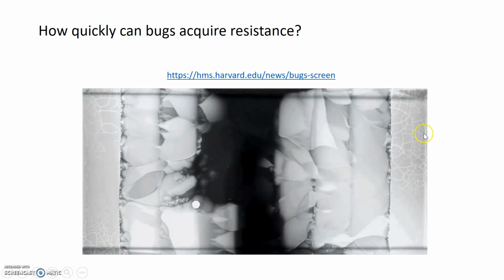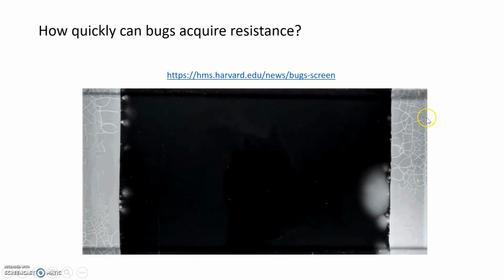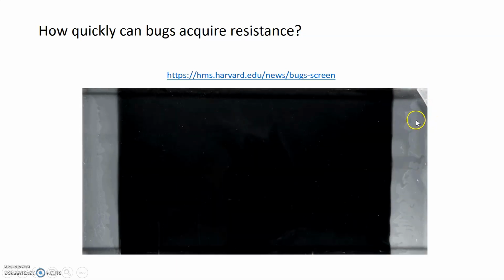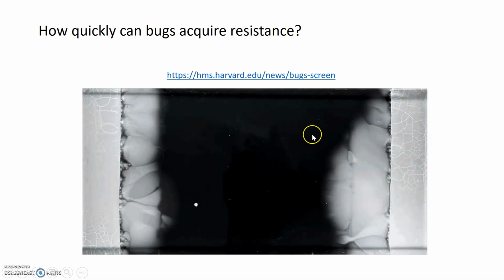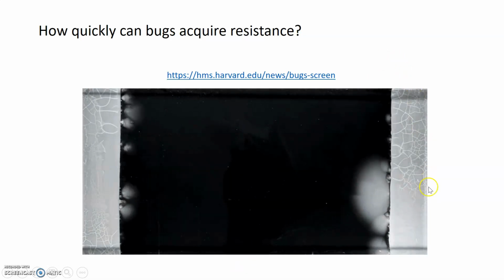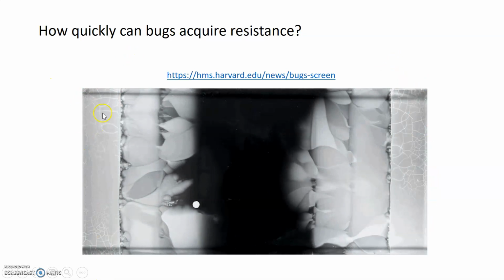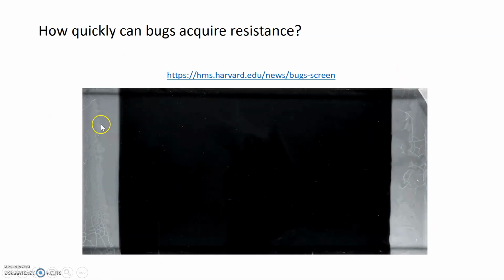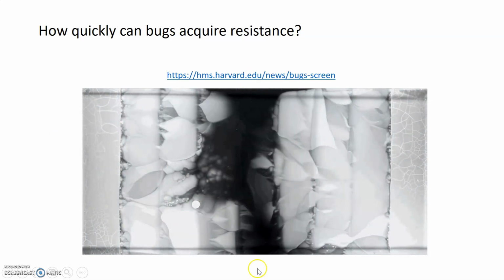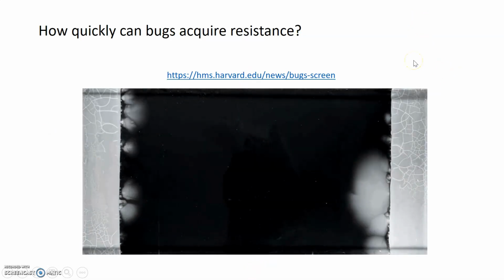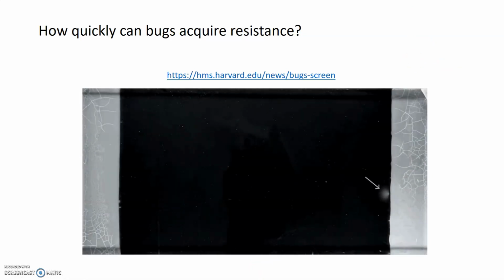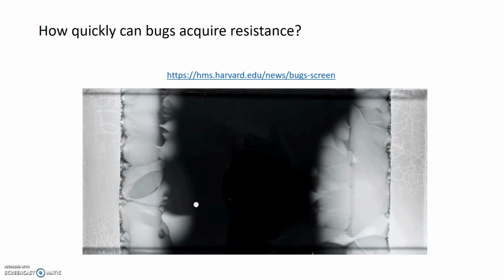But what researchers at Harvard found is that bacteria, when grown on a giant petri dish filled with increasing concentrations of antibiotic towards the center, these bacteria on both ends, which did not have any antibiotic resistance at the start of the experiment, were extremely resistant to antibiotics in only 11 days. And so they went from basically 0 to completely resistant in less than 2 weeks. So this process can happen really quickly.